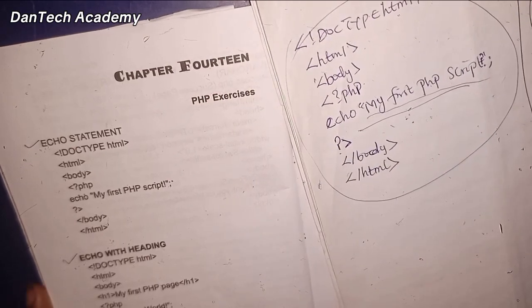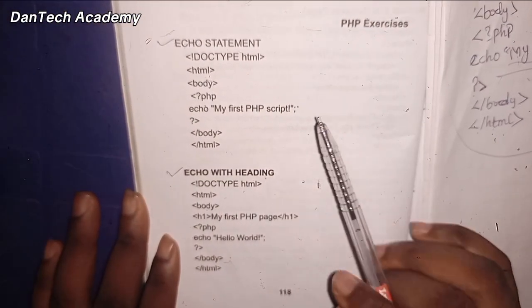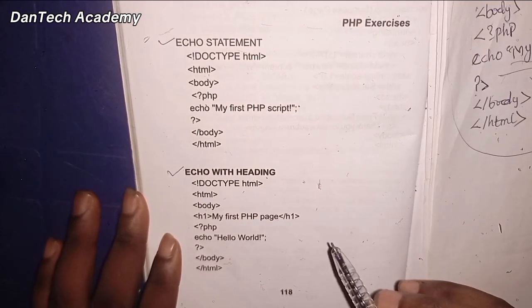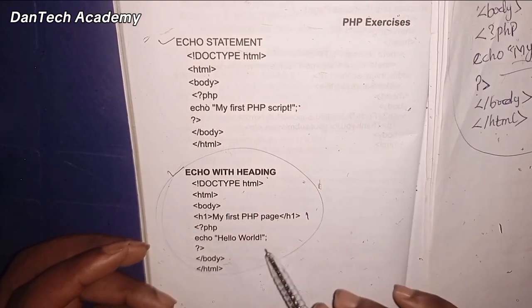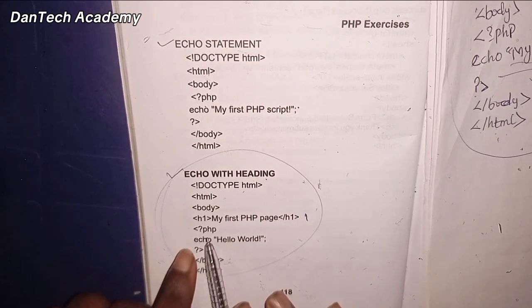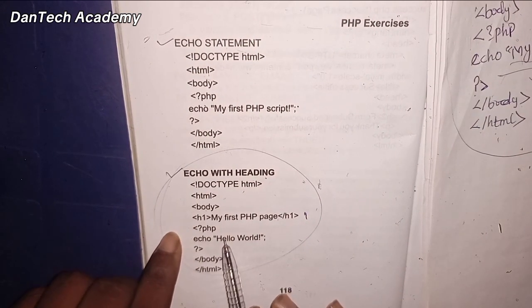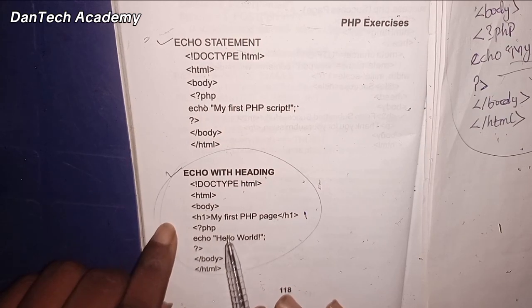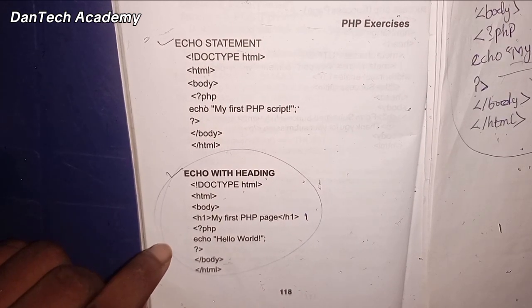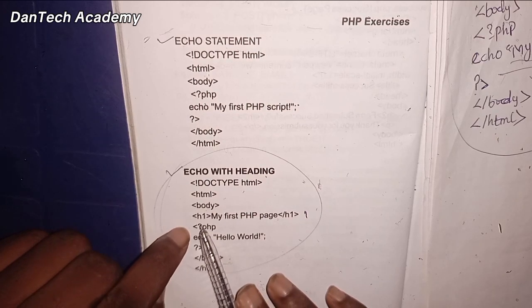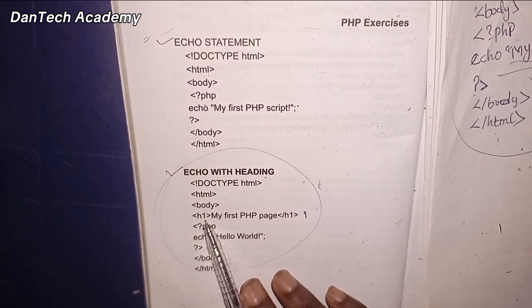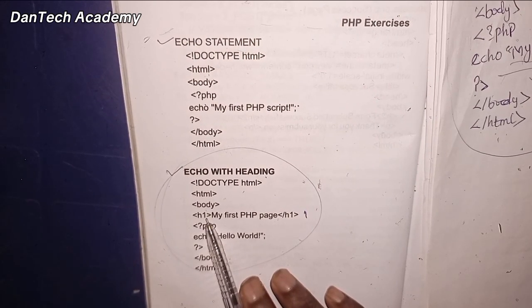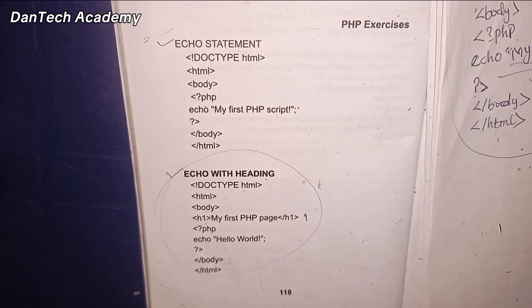What differentiates this echo with heading from the echo statement is that when we run this one, it will be a bit bigger because we already said H1, and this H1 is the highest when we come to the heading.